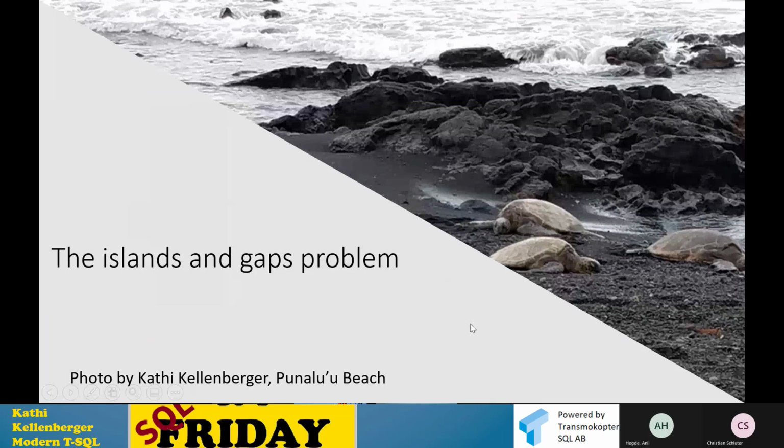All right. So I had to talk about the islands and gaps problem because I just love this photo. This is one I actually took myself when I took my family to Hawaii. And for all of you Star Trek fans out there, my husband and I renewed our vows. I don't know if that's something that's only a US thing, but you have a big anniversary, our 40th anniversary.